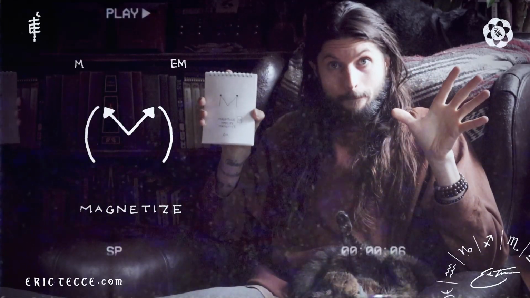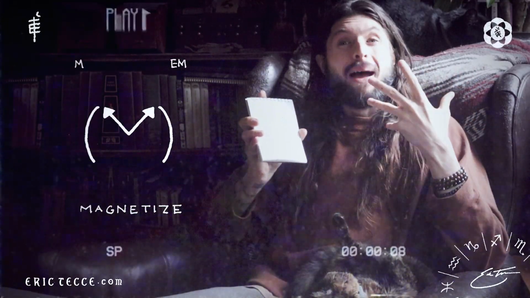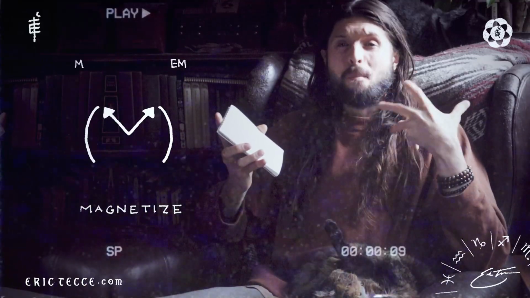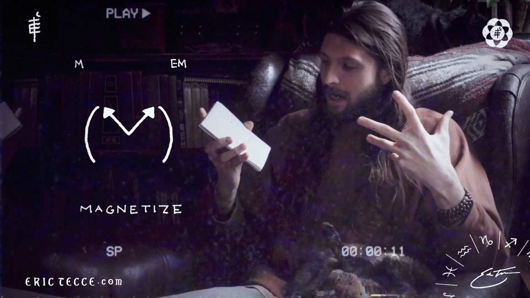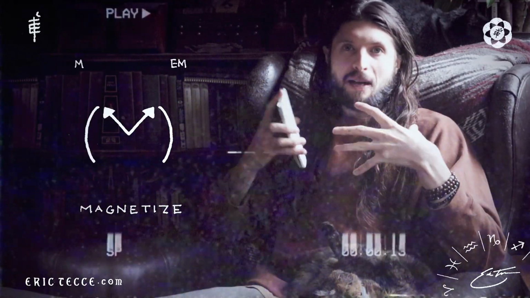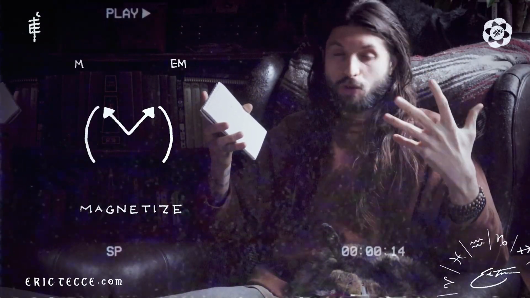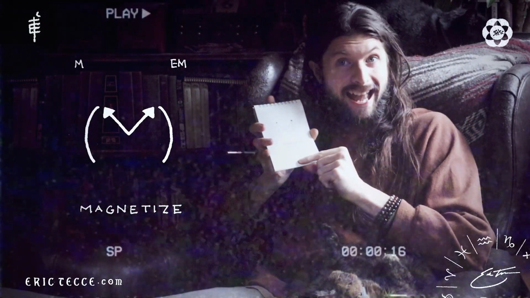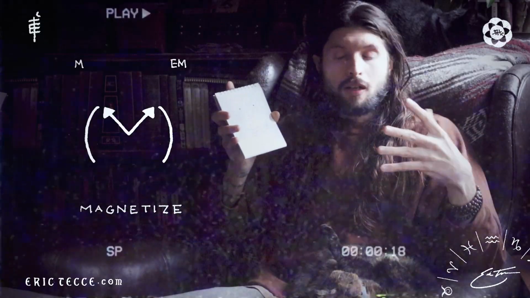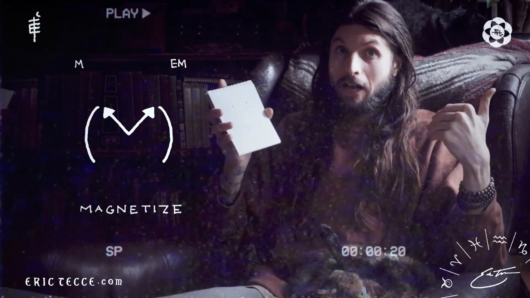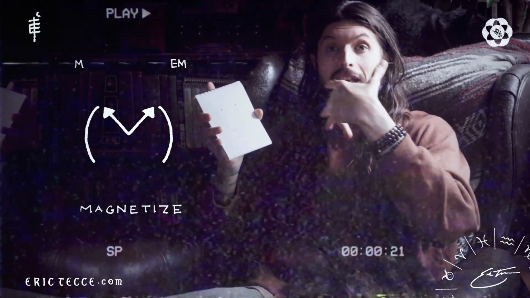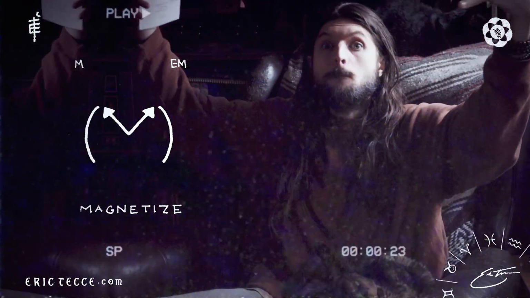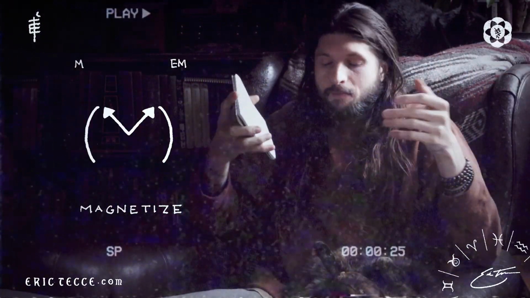Now, M, magnetize. You can do magnitude, you can do amplify, but magnetize is my association when I'm deconstructing multiple letters. Like E, M is how you say M. So in those cases, it's energy magnetize, energy emit, energy. Get the concept?